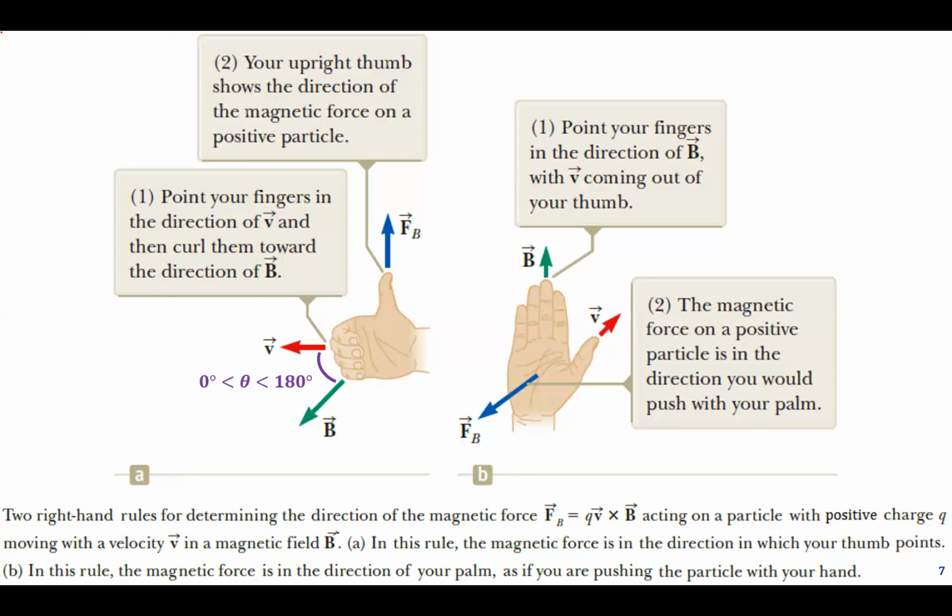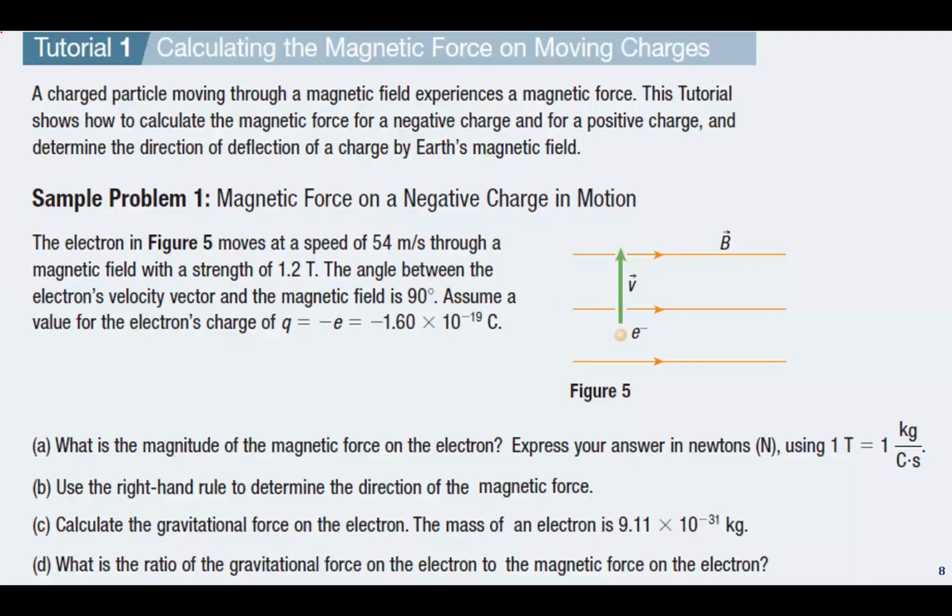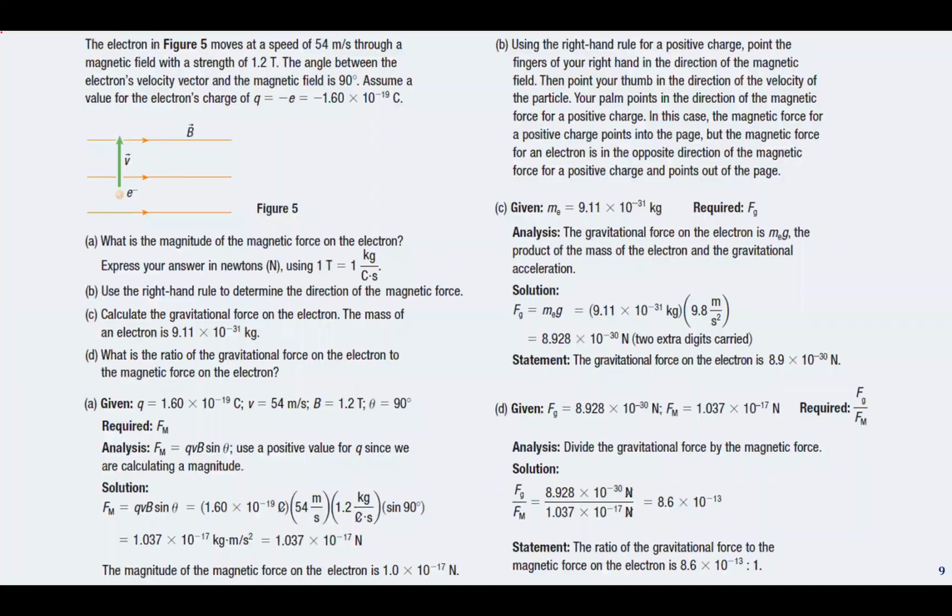Okay, next let's have a look at a tutorial in which we'll calculate the magnitude of a magnetic force and use the right-hand rule to determine the direction of the force.